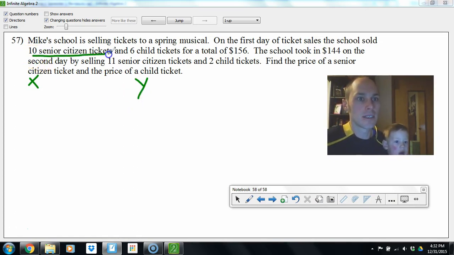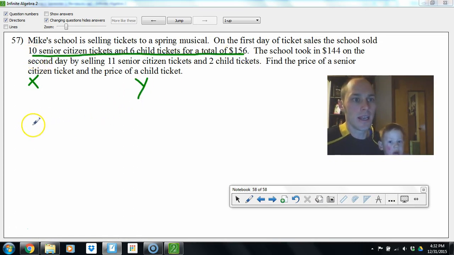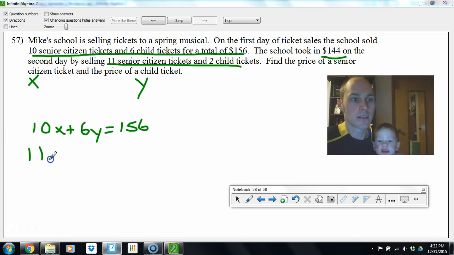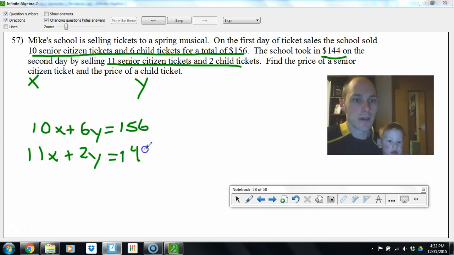Here's our first scenario. 10 X's, 10 senior citizens, plus 6 children equals a total of 156. Next scenario, $144 on 11 seniors and 2 children. So 11x plus 2y equals 144. Now it's just a matter of solving the system of equations.